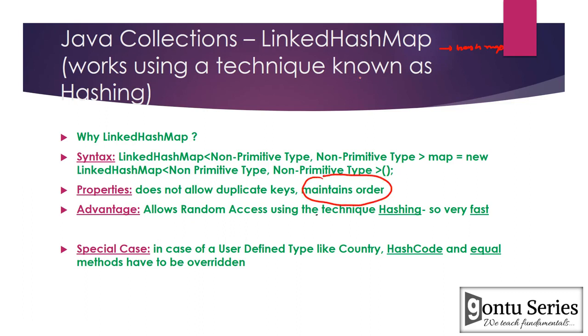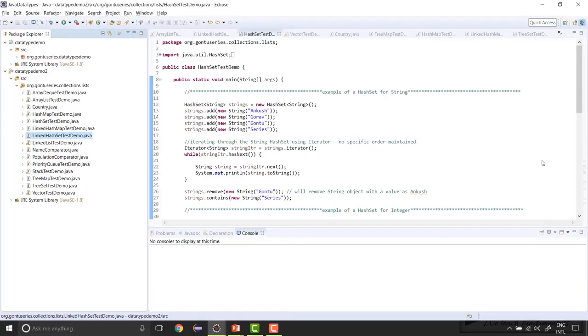If you use an iterator on a LinkedHashMap, then it's going to show you things in the order you used to insert elements in the LinkedHashMap. That's all. Everything else is what you have seen in the case of HashMap. So everything is the same. It uses the hashing technique, uses the hashCode and equals methods. Nothing special is there.